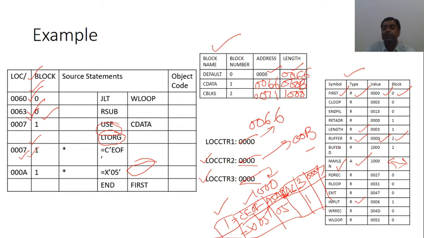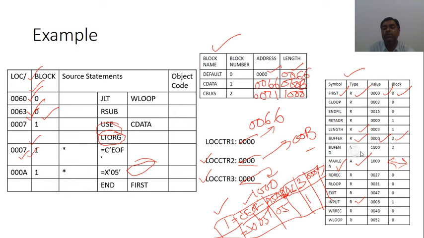Symbol table, in the symbol table every label that is present in the program is here with the type information, and this type information is basically used to calculate the value of an expression. Remember that, if it is remembered to you, when we were calculating the max length, there was BUFEND and BUFFER, and we had to find out the value of BUFEND minus BUFFER. And how will you find out BUFEND is relative?